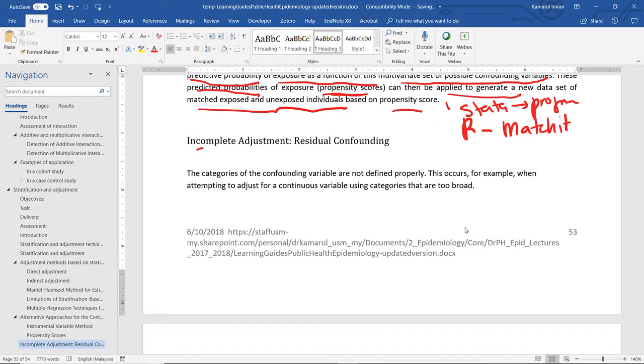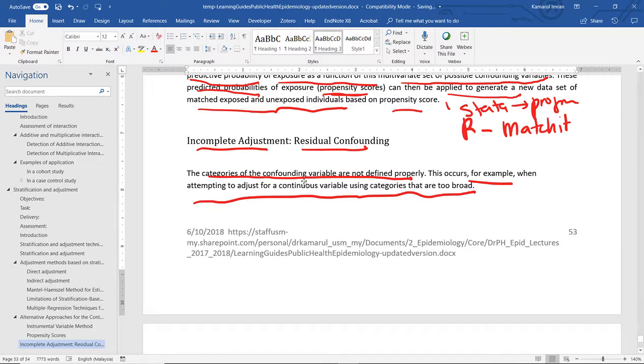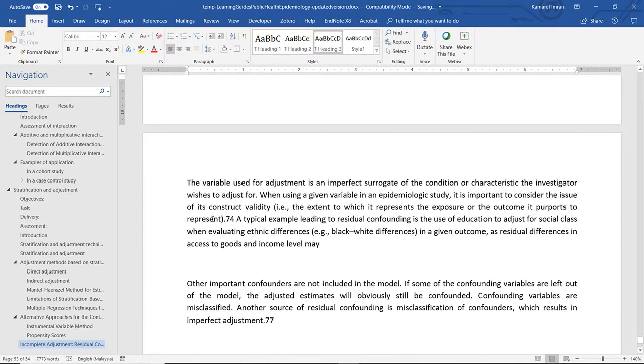That is incomplete adjustment, or residual confounding. This happens if the categories of the confounding variable are not defined properly. For example, when attempting to adjust for a continuous variable using categories that are too broad, that will create residual confounding.